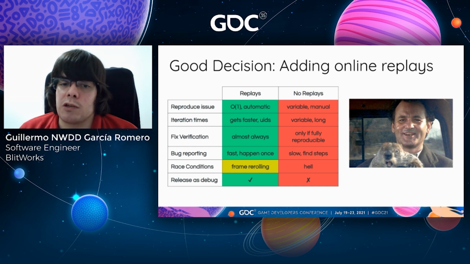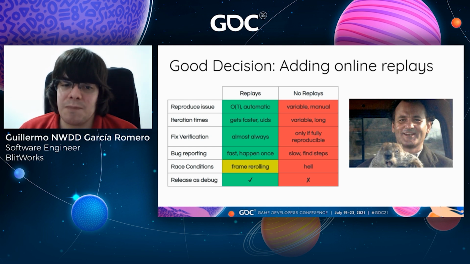causes a crash because of stuff. Furthermore, it will make each iteration faster, since you will know better each time you run the replay. You can do binary search. You can note down frames, IDs, and it doesn't require the reporter to try to find a set of specific steps or guidelines to reproduce an issue.